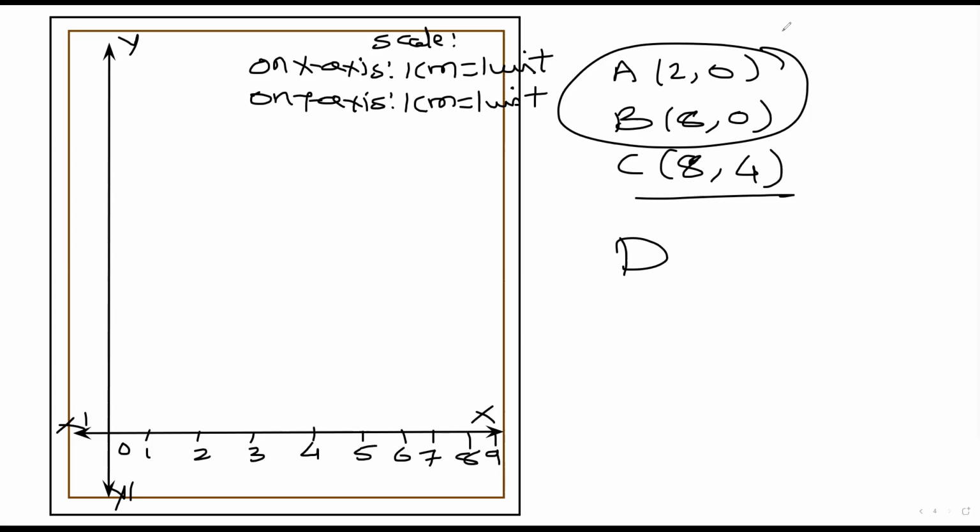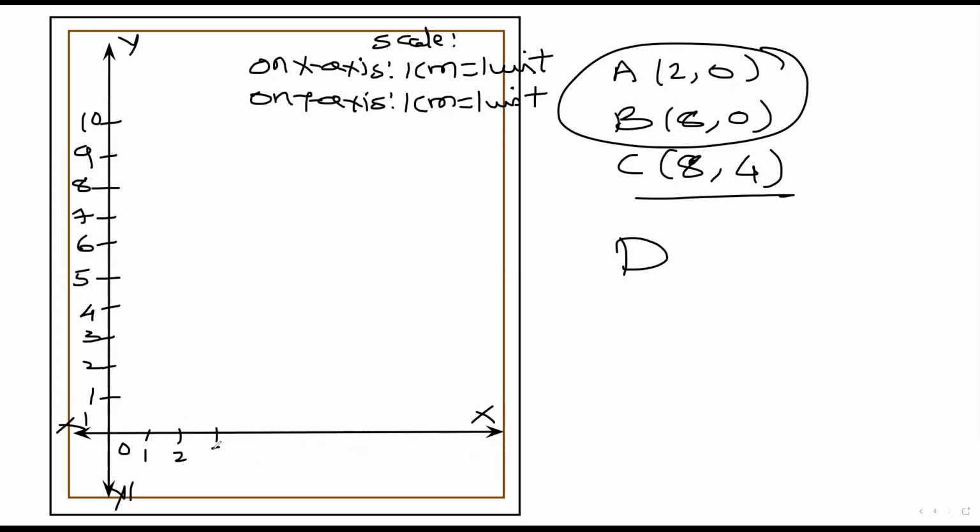Just take one or two extra. Same thing here, 1, 2, 3, 4, 5, 6, 7, 8, 9, 10. That is enough. Are you getting my point, everyone? Yes, sir. Okay, this is 1, 2, 3, 4, 5, 6, 7, 8, 9, and 10. This looks neat now.